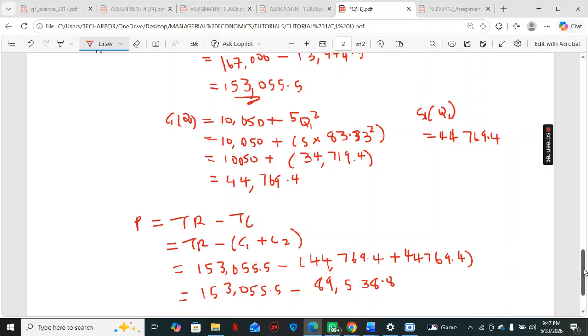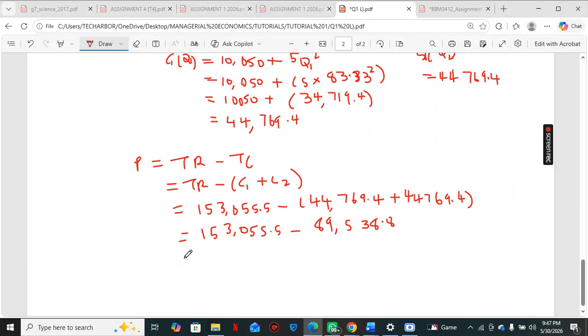We get 63,516.7. Okay, this is the maximum profit that can be made.